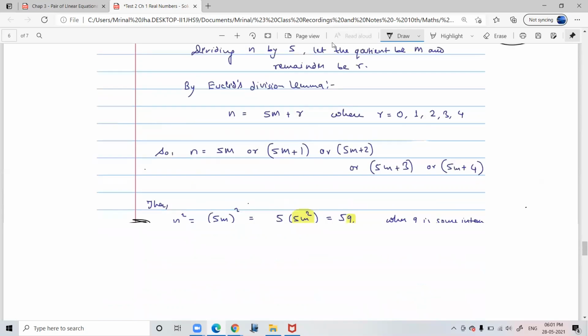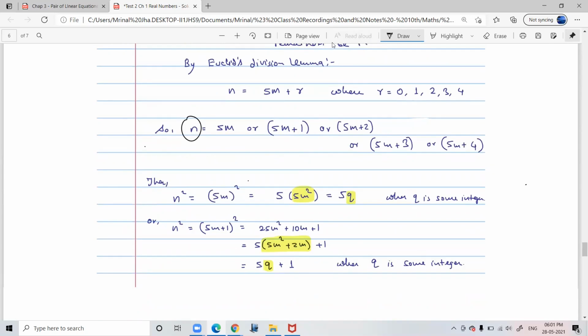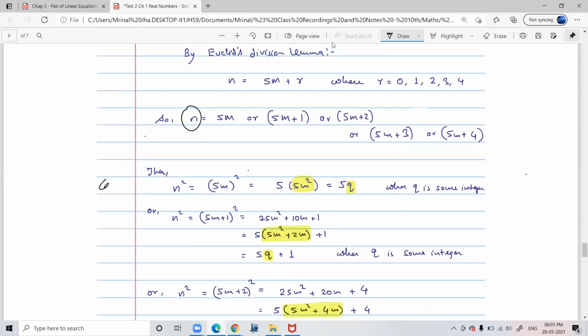So once you have represented n in these 5 different ways, that's what we normally do: we take case 1, case 2. I have combined all of them. Instead of writing 5 different cases like case 1, case 2, up to case 5, I've written it in short. Basically, you can call this one case 1, where r is equal to 0. When r is equal to 1, you can call it case 2.